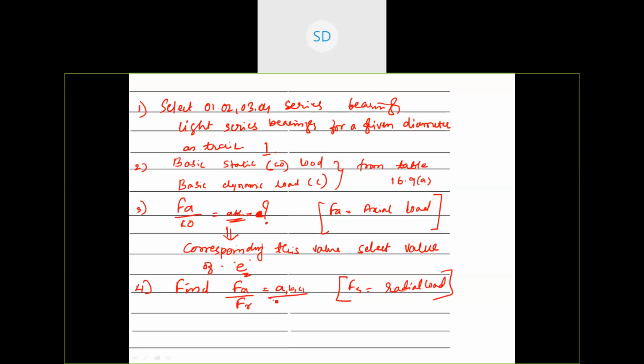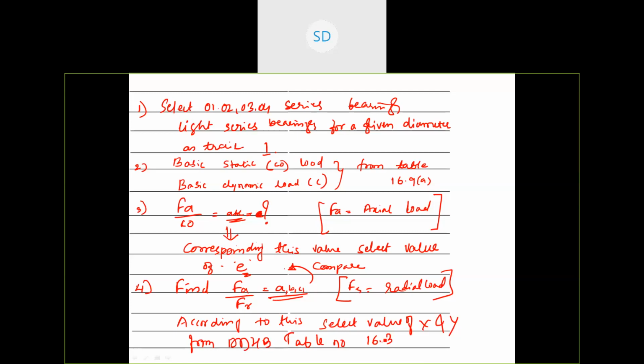Now compare this with the value of E. Once you compare with the value of E, select the values of X and Y from the design data book, table number 16.3.